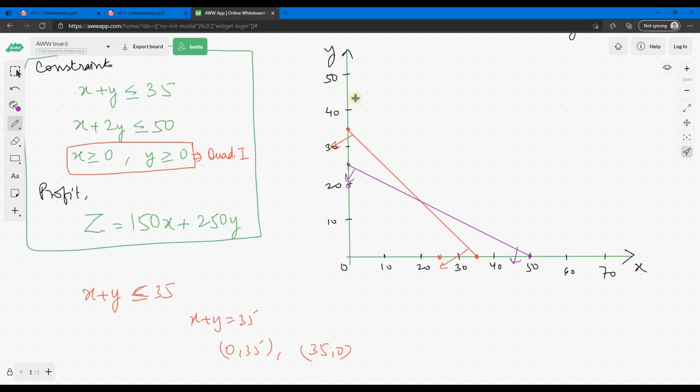Now we understand that the common region is the bottom region for this one and the bottom region for this one, in the first quadrant. We can notice that the common region in all of these is this region, which I'm shading right now. You see, this is the common region in all of these.